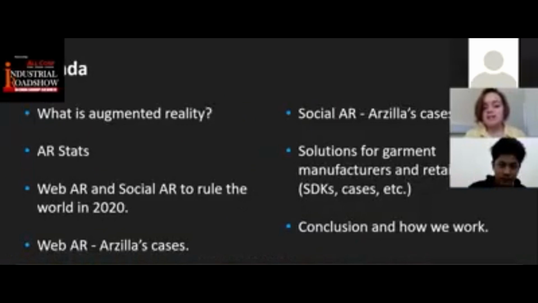The agenda for today would be: I'll tell you again about what augmented reality is. I'll share some statistics with you. I'll be telling you the difference between web AR and social AR. I'll be sharing cases that we had for both of these things, and I'll also be sharing some world market practices for you concerning garment manufacturers and retailers.